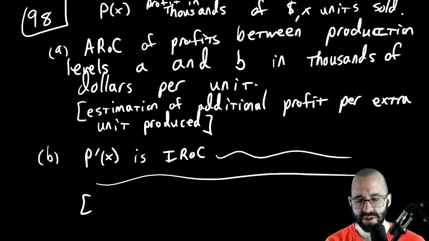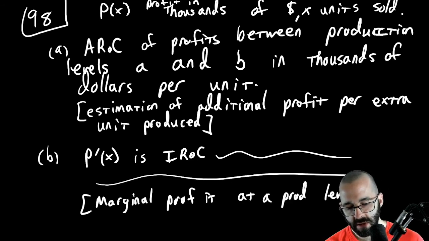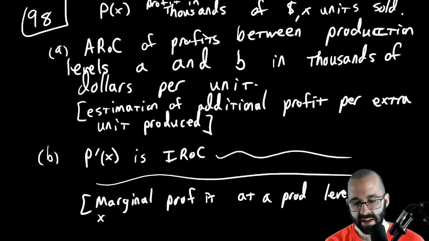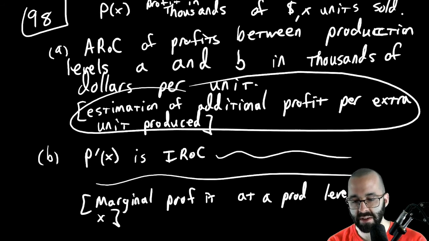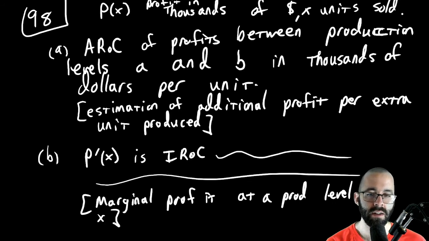And for the more application side, P prime of X is what's known as the marginal profit, marginal profit at a production level of X. This is an estimation of how much extra money you're going to make if you increase production by 1.